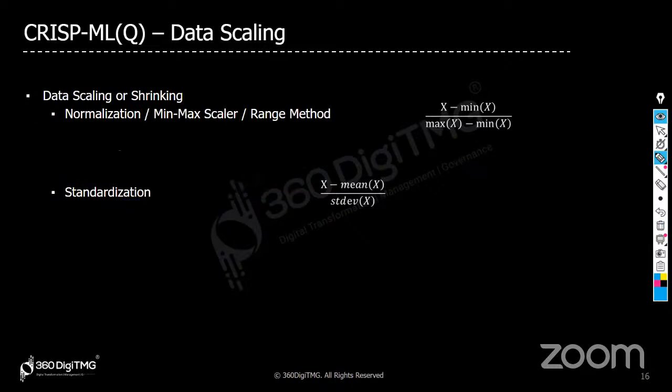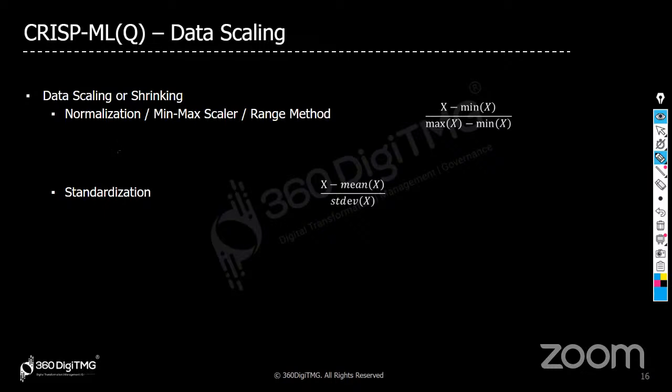Normalization is a technique in which we scale the data between 0 and 1. It is useful when the distribution is not following Gaussian distribution. The formula for that is x minus minimum divided by max minus minimum. It is also called the range method or min-max scalar method.